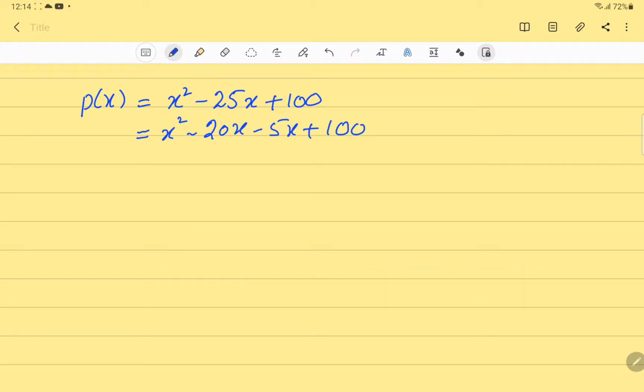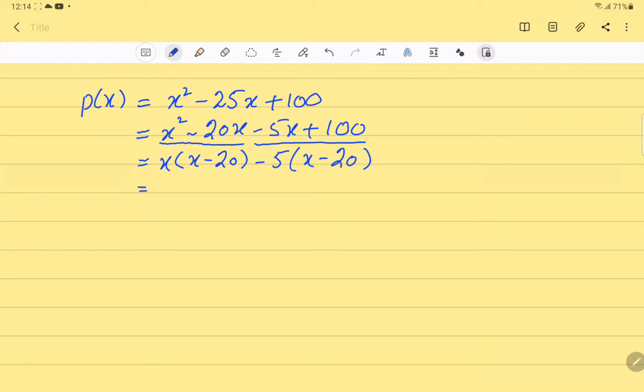Now we have four terms, and we will take common in the first two and in the last two. In the first two we have x common, and we are left with x minus 20 in the bracket, and in the second two we have minus 5 common, and in the bracket we are left with x minus 20.